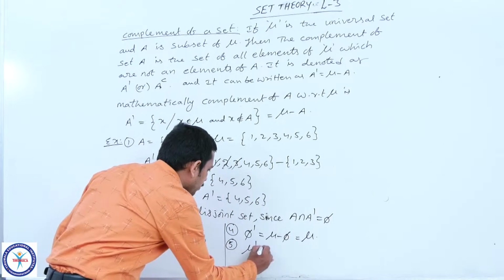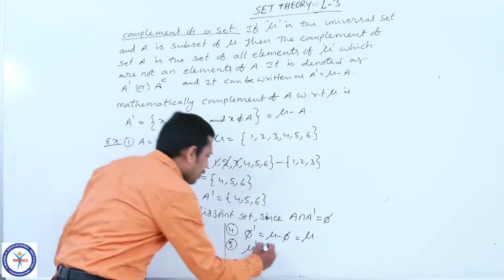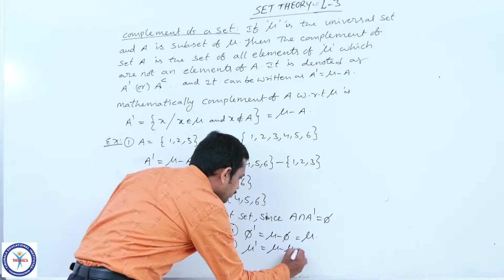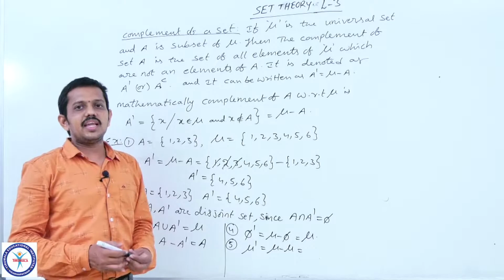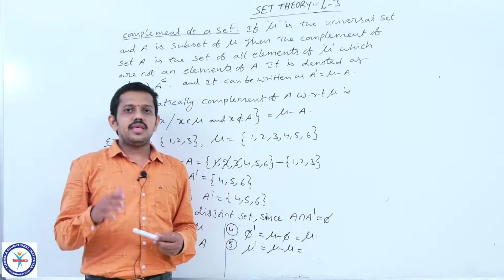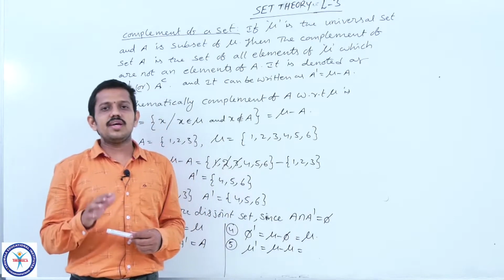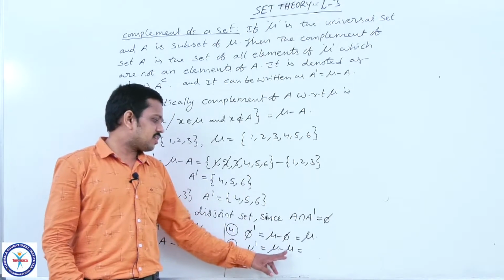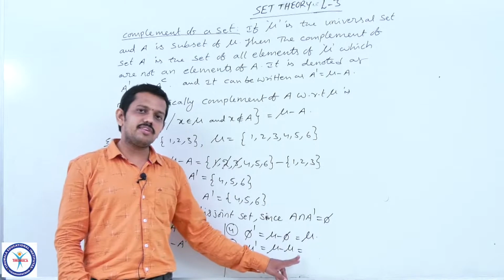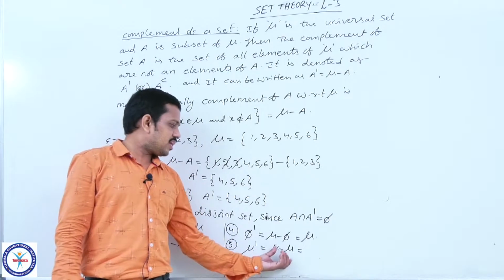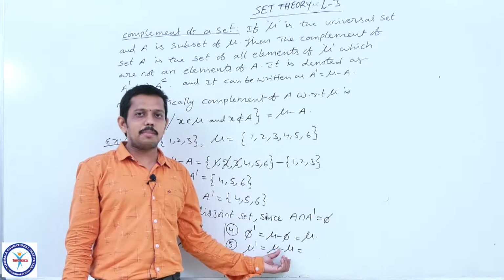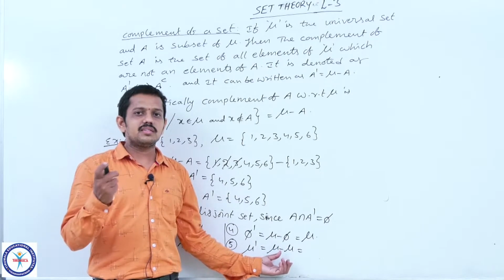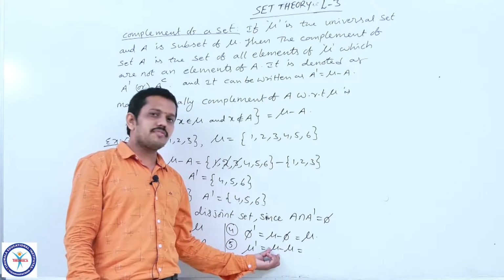What is mu complement? Mu complement is nothing but mu minus mu. Earlier we discussed that A minus A is always a null set. So mu minus mu means the difference of the universal set with the universal set. Difference means we have to eliminate the common elements, then write the elements belonging to the first set.